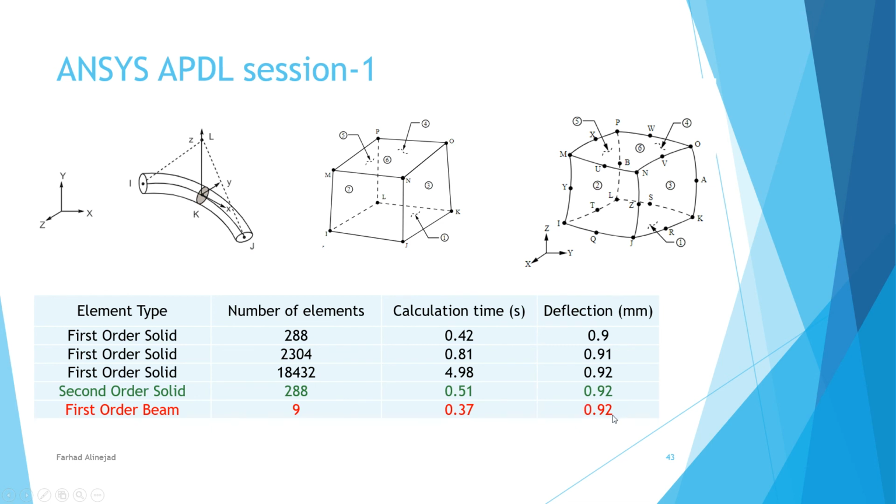So again, you may solve your problem with different types of elements, but what is important is that it may take a lot of time to reach the result with the wrong selection of elements. If you choose the right element, you will reach the results faster and more accurately.